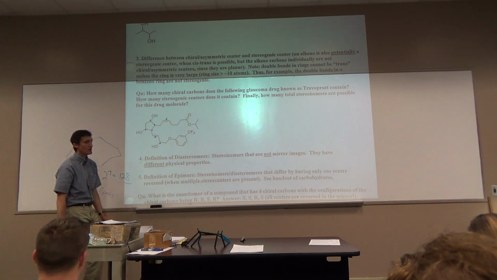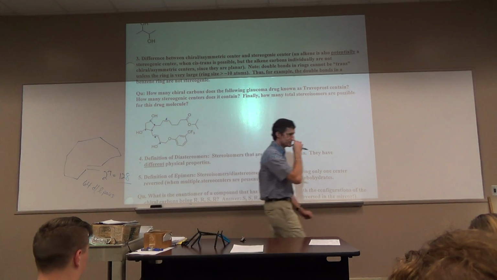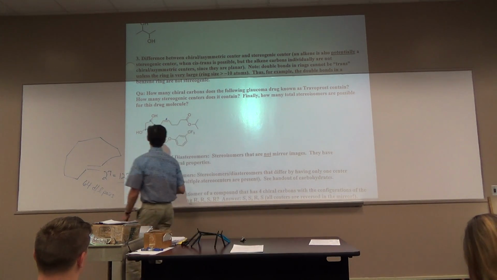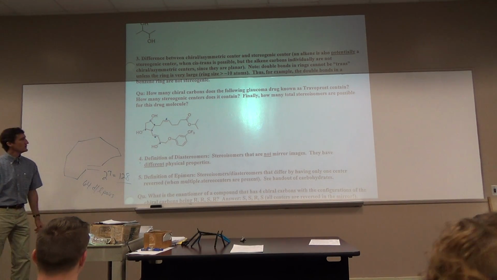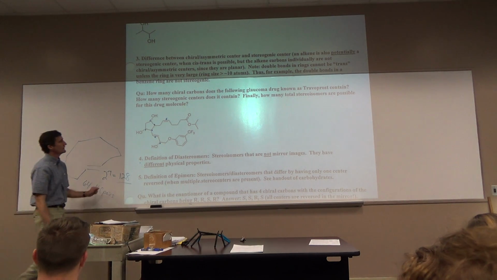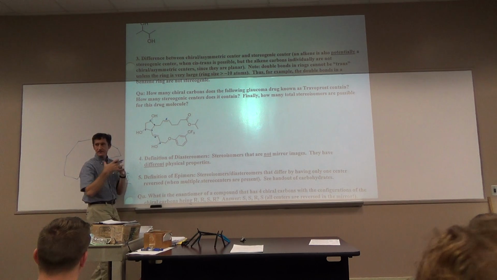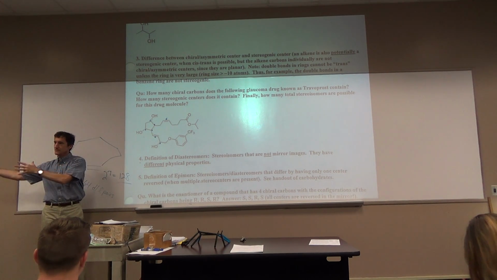All right? It's all there. Will any of them be meso? Do you think so? For meso, you have to have a plane of symmetry, the same thing on each side.